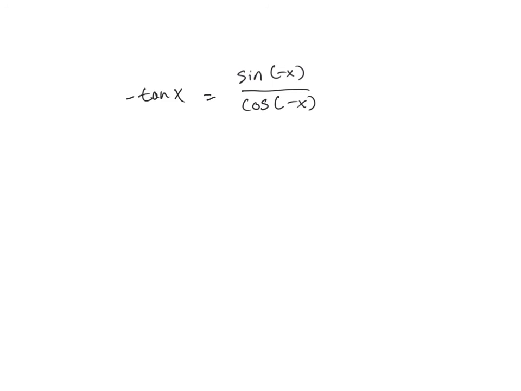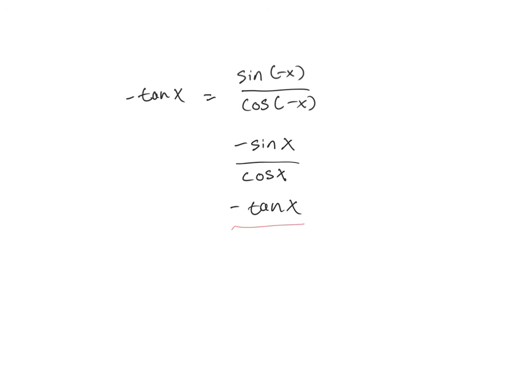All you have to do is manipulate one side. I am going to manipulate the right side in this case. I know sine of negative x is going to be negative sine of x, and cosine of negative x is just plain old cosine of x. And sine over cosine is tangent of x.